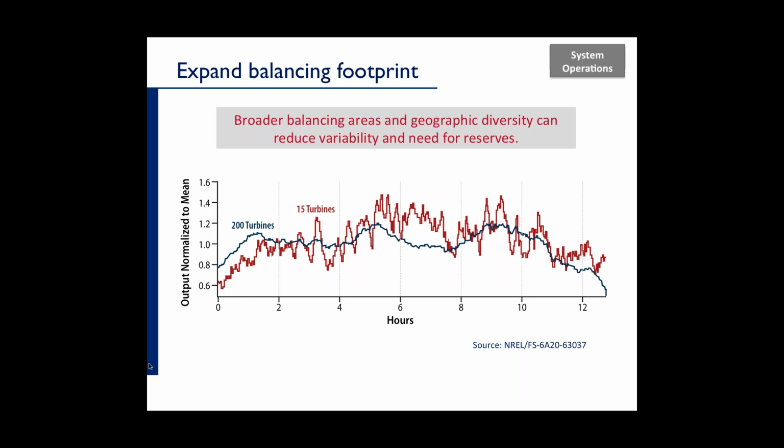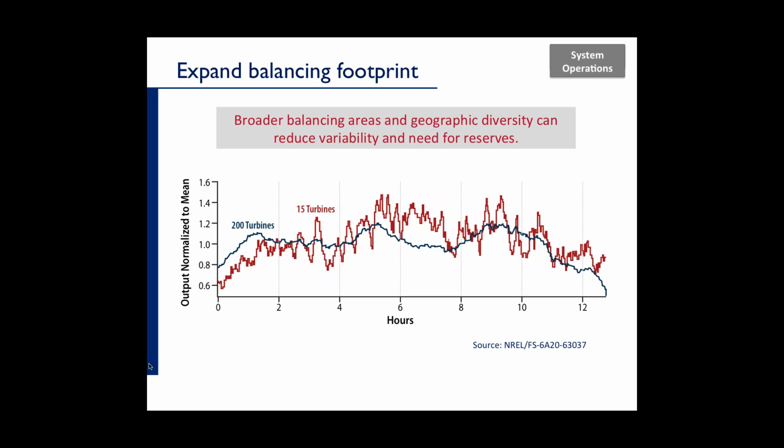This is simply illustrating that when I have 200 wind turbines, they're going to be spread out over a larger geographic area, and the wind doesn't do the same thing at every wind turbine location, and so you tend to get the smoothing. This example is only for 15 turbines and 200 turbines.